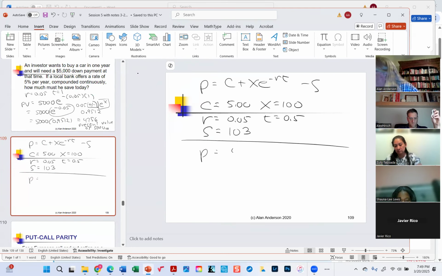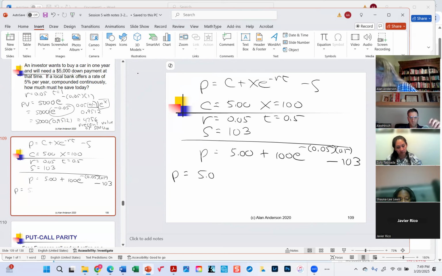So P will be equal to 5 plus 100 e to the minus 0.05 times a half, minus 103. You can rewrite this as 5 plus 100 e to the minus. Now, when I multiply 5% times a half, I'm actually raising this to the minus 0.025 power.